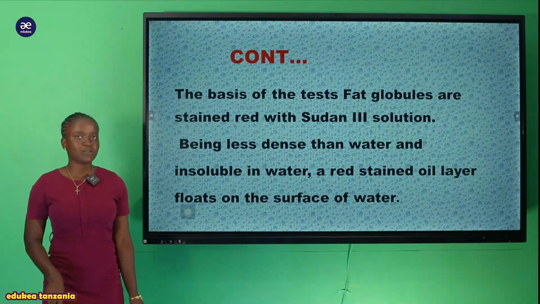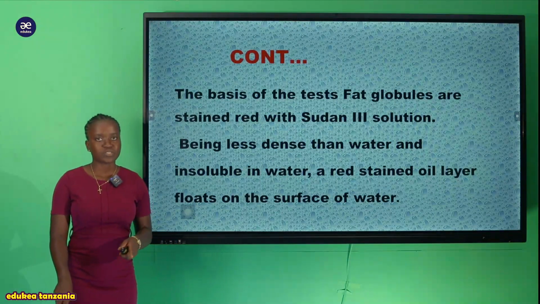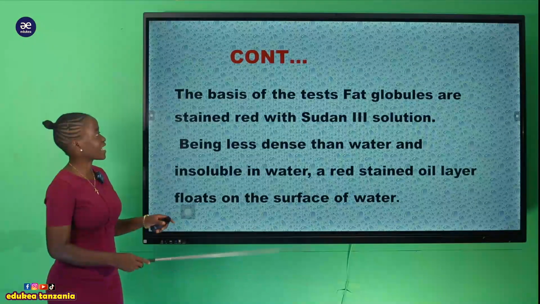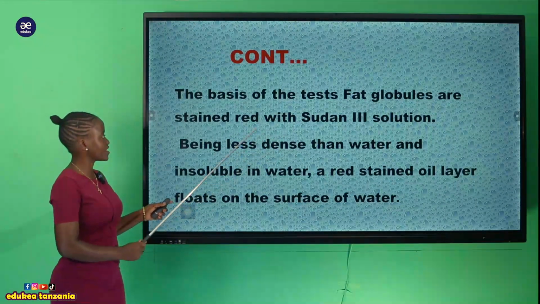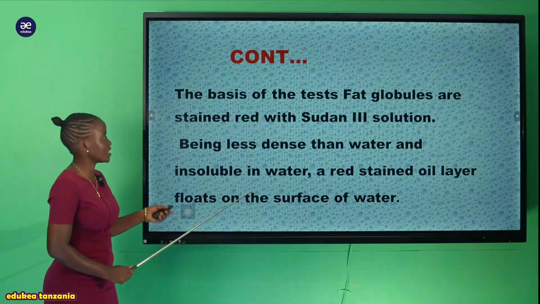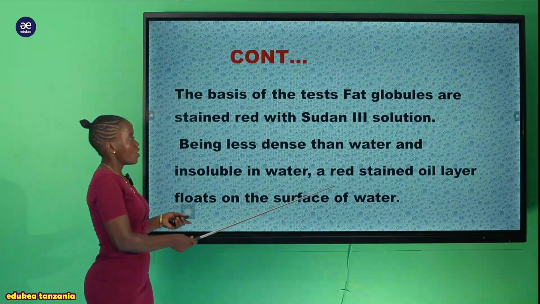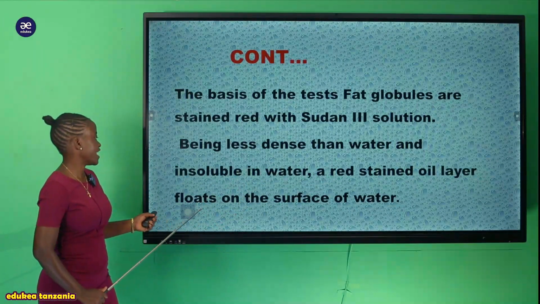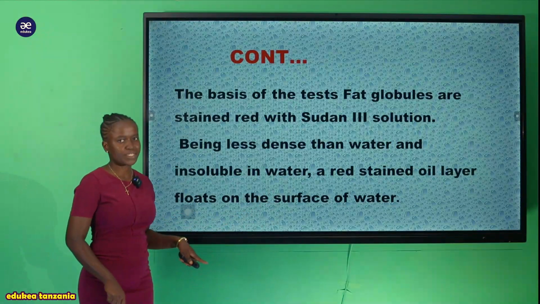So let's start by looking at the Sudan 3 solution. By using Sudan 3 solution, being less dense than water and insoluble in water, a red stained oily layer floats on the surface of water.